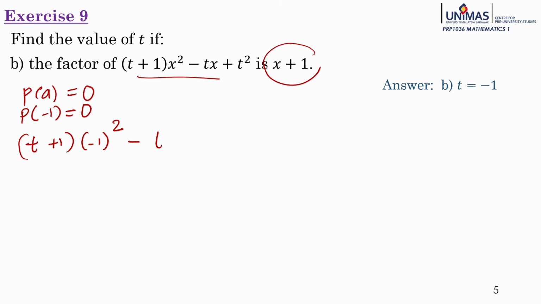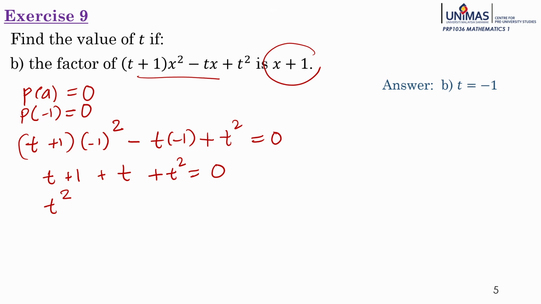So that means we have to substitute the value of x as negative 1. Then you simplify, and you can get t plus 1 plus t plus t squared equal to 0. Rearrange this, we get t squared plus 2t plus 1 equal to 0.